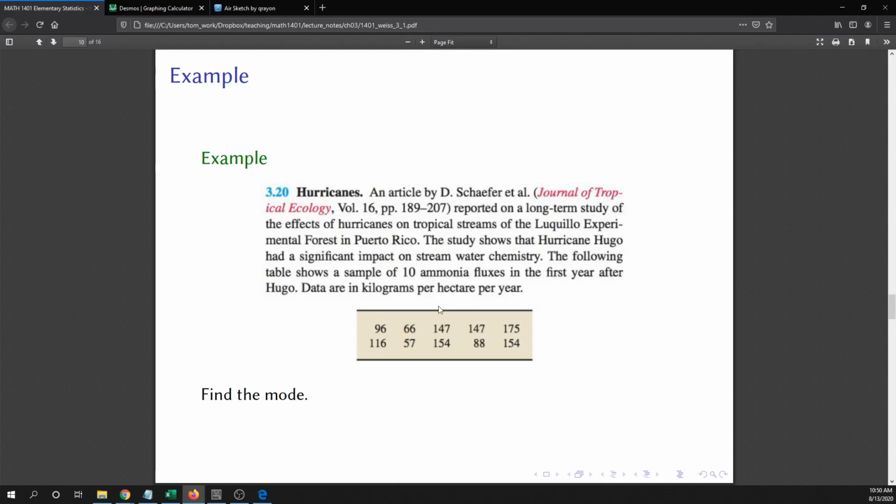In the hurricane data, if we look through, we can see that there are some values that occur more than once. 147 occurs twice, and 154 occurs twice. No other observation is repeated. So since 147 and 154 each occur twice, there are 2 modes, 147 and 154. So you can have more than one mode in the data set.